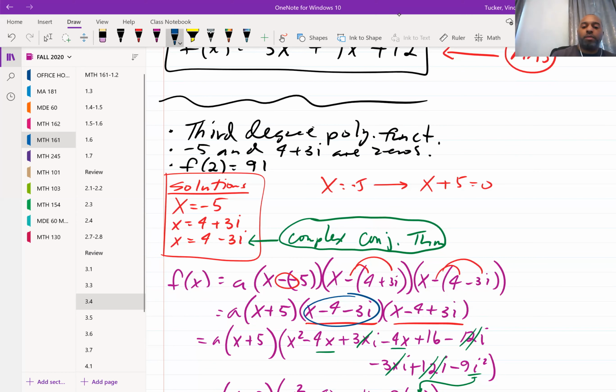And once again, you want to go ahead and multiply these two together because those are the ones that have the conjugates involved. We want our imaginary part to cancel out. So it's easiest to multiply those two together first, let the imaginary parts cancel, and then we'll be able to use just all real numbers. So that's all that will be left. So you distribute x into each term, distribute -4 to each term, distribute -3i to each term.